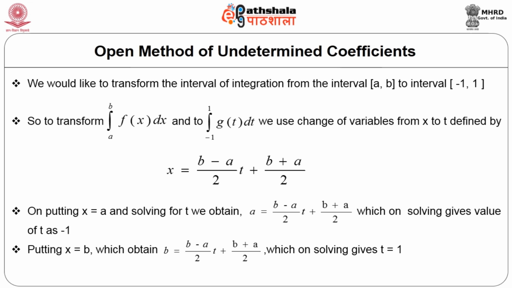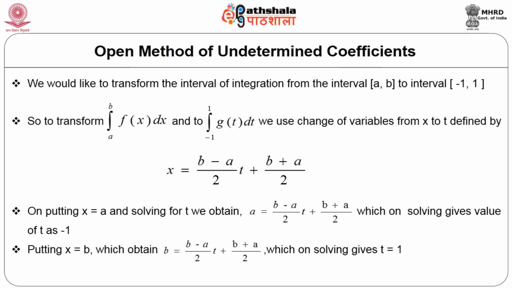We can transform the interval a to b to the interval minus 1 to 1 by a simple change of variable given by x is equal to (b minus a) by 2 t plus (b plus a) by 2. So, our dx is (b minus a) by 2 dt. When our x is equal to a, we get the equation a is (b minus a) by 2 t plus (b plus a) by 2. On solving, it simplifies to t equal to minus 1.